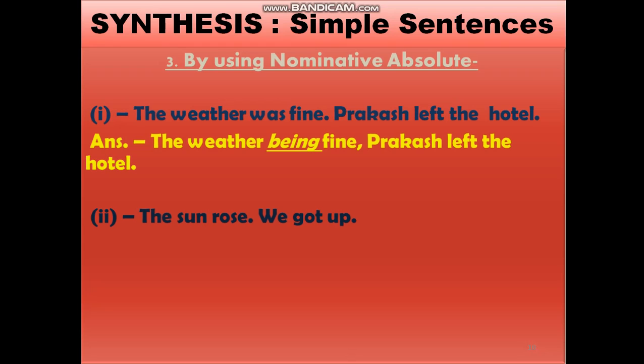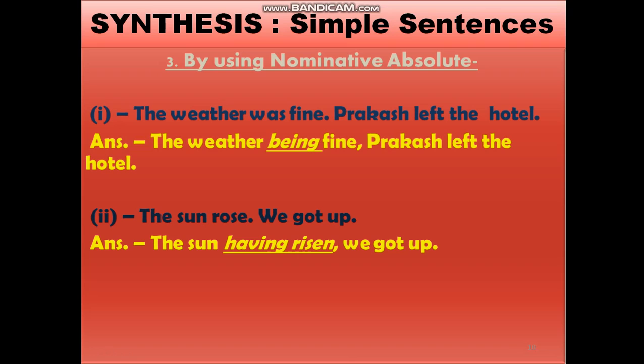The sun rose, we got up. In this first sentence, we have the subject the sun, and in the second sentence, we have the subject we. We don't have is, are, am, was, were here. We have the second form of the verb. Here we will use having with the third form of this verb.